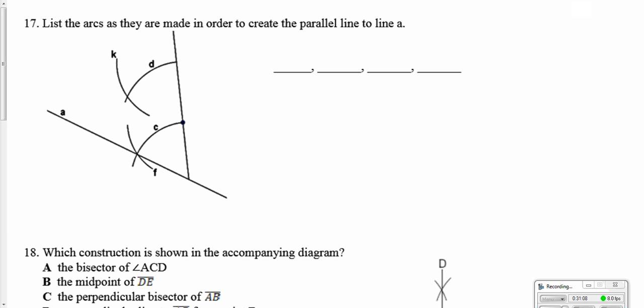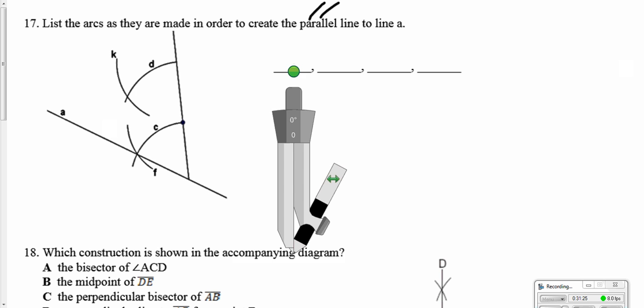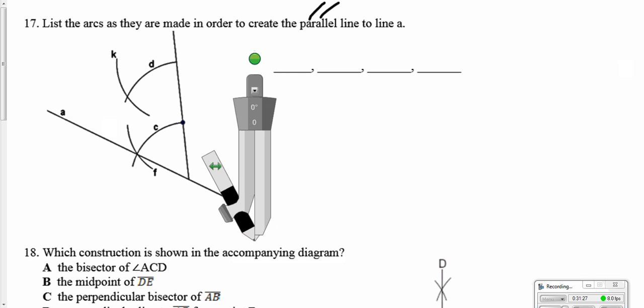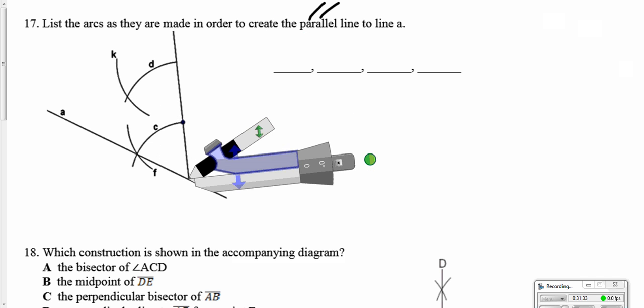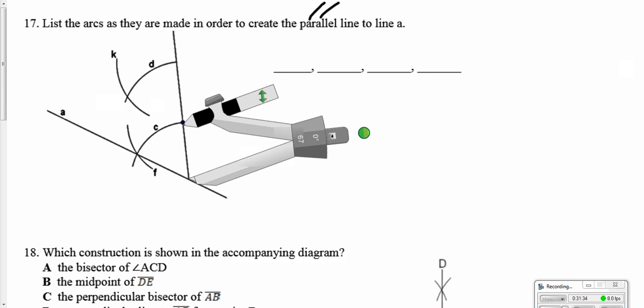Number 17, we have another list of the arcs as they are made. This time we're doing a parallel construction. So we know that the first thing we would do is we would have made this line. And then, we would put our compass on our point and open it up a little bit and draw this arc.